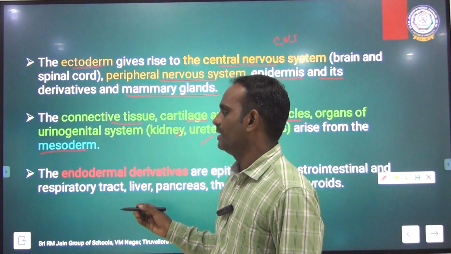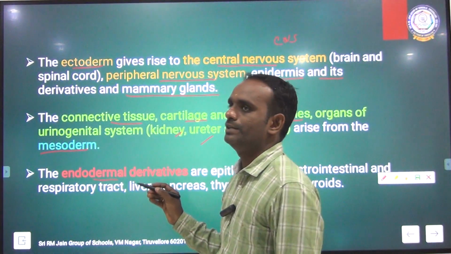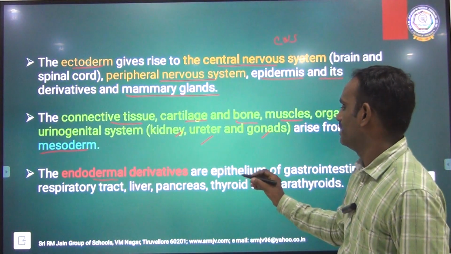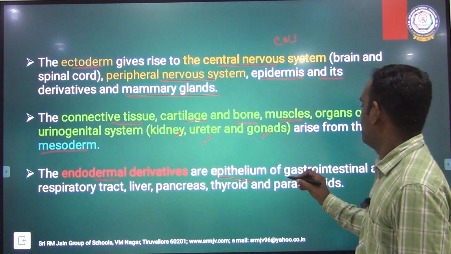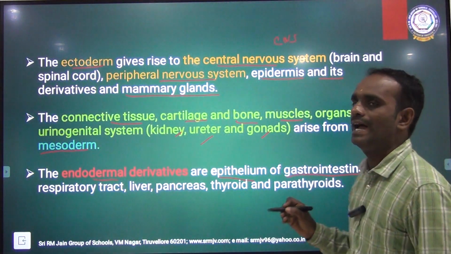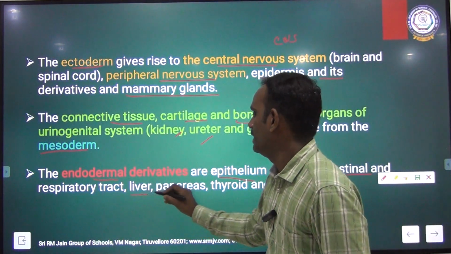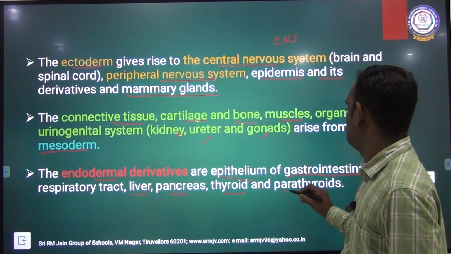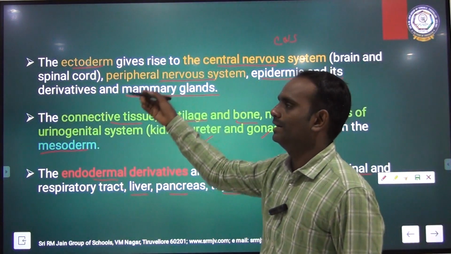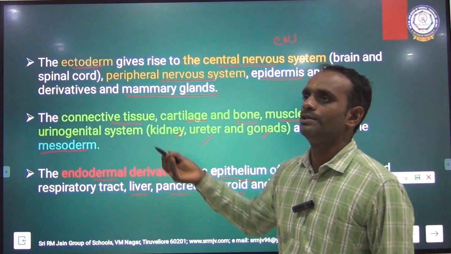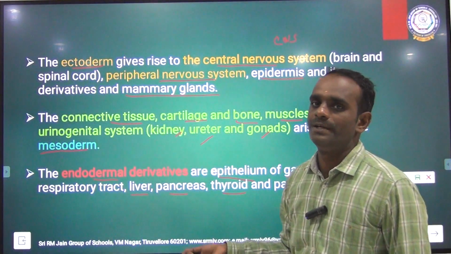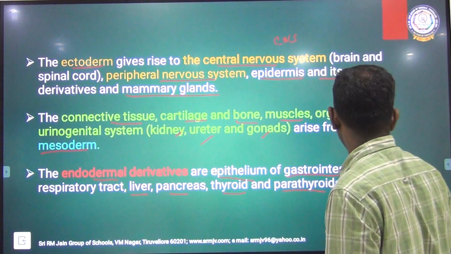Okay. The third one, the endodermal derivatives. The endodermal derivatives are epithelium of gastrointestinal and respiratory tract, liver, pancreas, thyroid and parathyroids. So, these different germ layers give rise to different parts of the body. Okay.